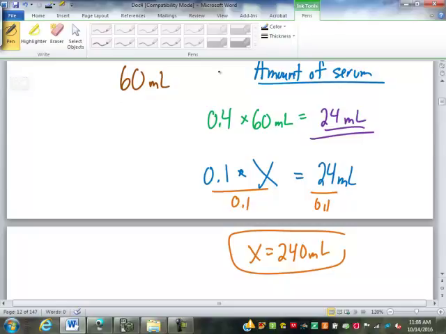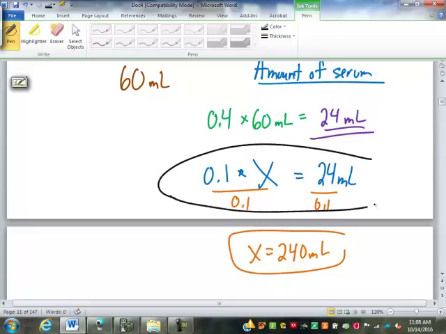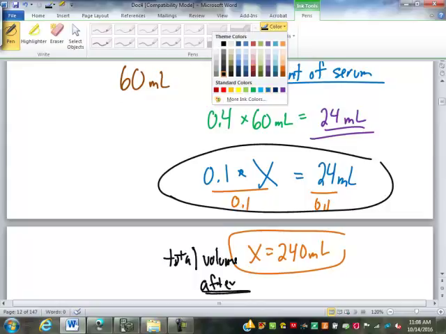Does that make sense so far? I just solved this equation backwards. That's my concentration equation, or formula. So that's my total volume after it's diluted. How much did I start with?